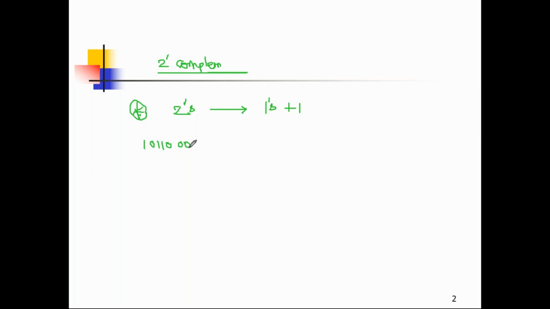First you have to take the ones complement. Ones complement means 1 is converted into 0, 0 is converted to 1. First I'm going to take the ones complement for the given number.